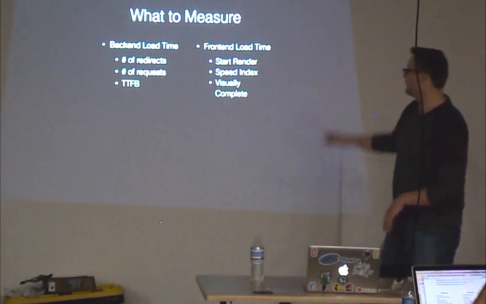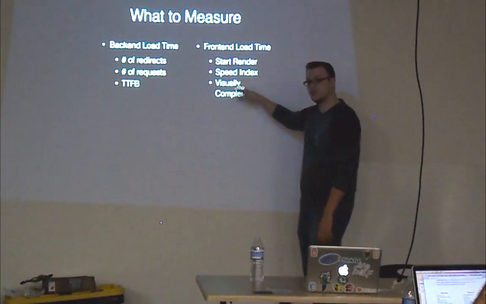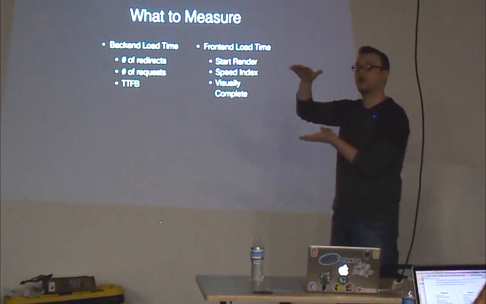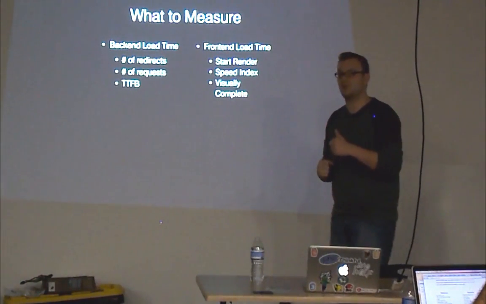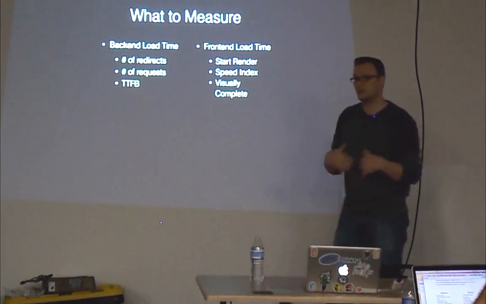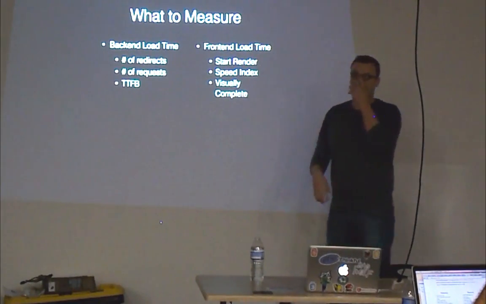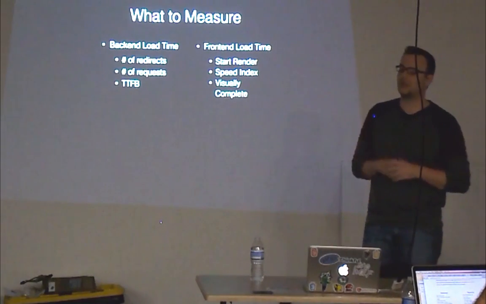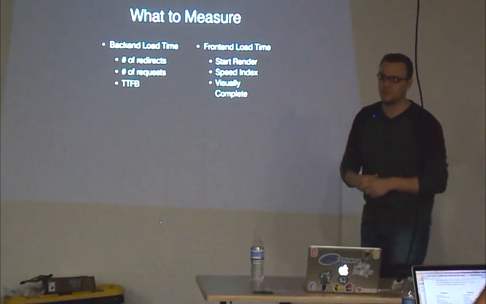We also want to look at the front-end load time, so the start render, the speed index. So we looked at this just a little bit earlier. We talked about how long it takes the above-the-fold content to load. Patrick Meenan, who works at Google on their performance team, created this website that we'll look at here in a minute, and he created speed index, and he uses image recognition software to measure how fast it takes everything above the fold to load.